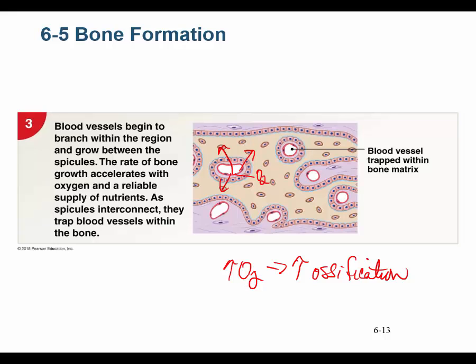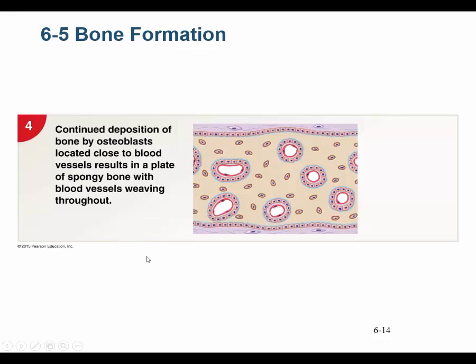All right, so that's important that we trap these blood vessels in this dermal bone because it increases the formation of the bone. Then what I have is this. Now I start remodeling. I remodel this outer layer into compact bone. And it doesn't matter if it's the top outer or the bottom outer. I remodel that into compact bone.